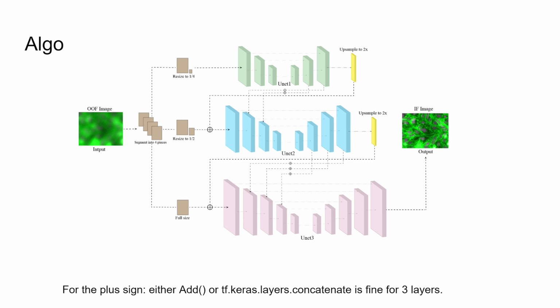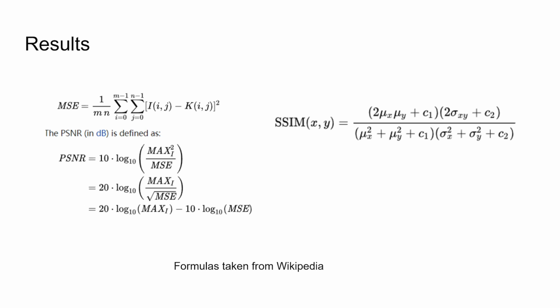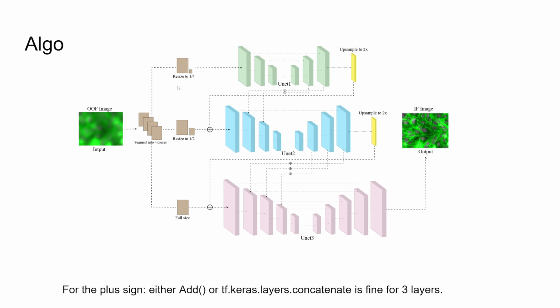The result had further improvement, which was very exciting to me. And then I thought, what if I build a 3-level UNet? The result was fantastic, and this is why I ended up with this model as my final result.